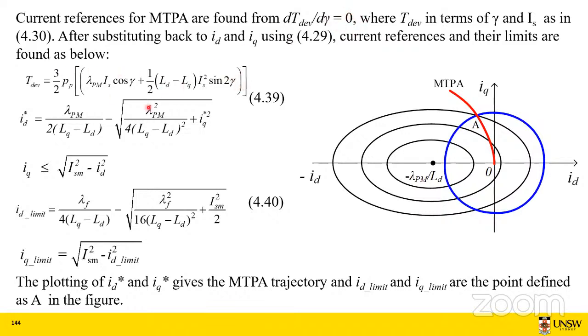If we do that, we will be able to find a certain value for the ID current. If we put in the numerical values here, we'll find a certain numerical value, and that becomes the ID current reference.